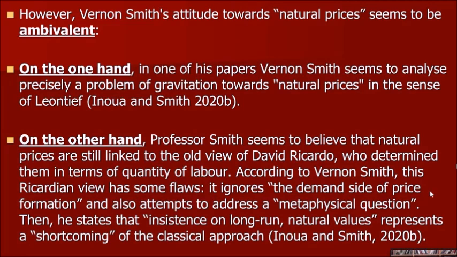On the other hand, however, Professor Smith seems to believe that natural prices are still linked to the old view of David Ricardo, who determined them in terms of quantity of labor. According to Vernon Smith, this Ricardian view has some flaws. It ignores the demand side of price formation and also attempts to address a metaphysical question. Maybe for these reasons, he states that insistence on long-run natural values represents a shortcoming of the classical approach.